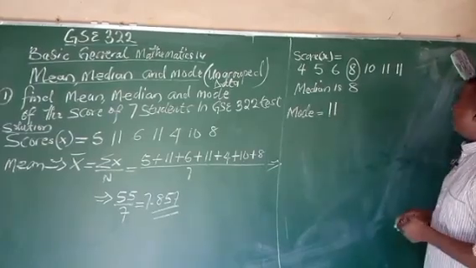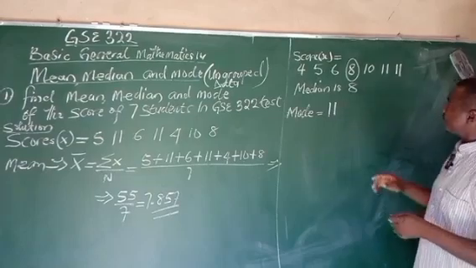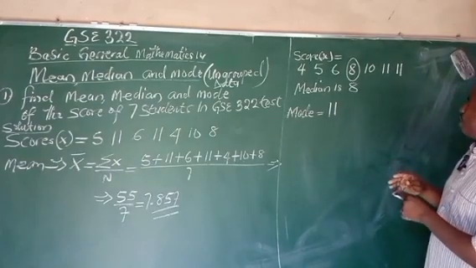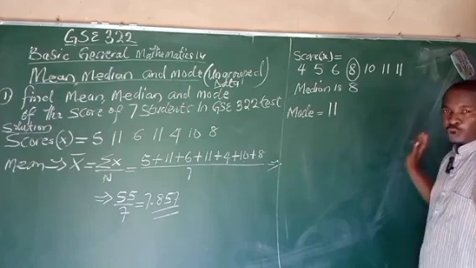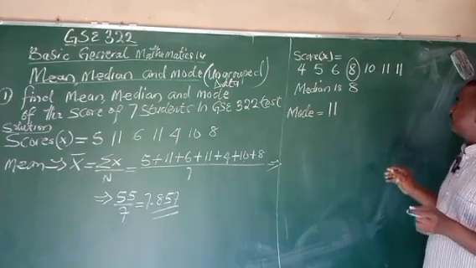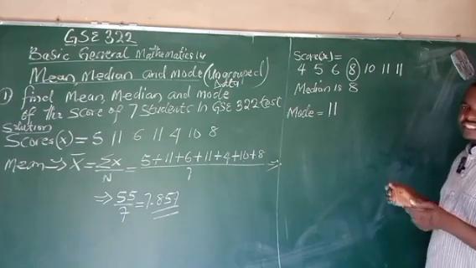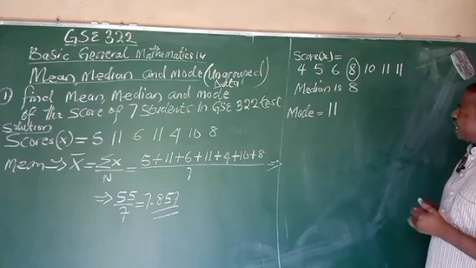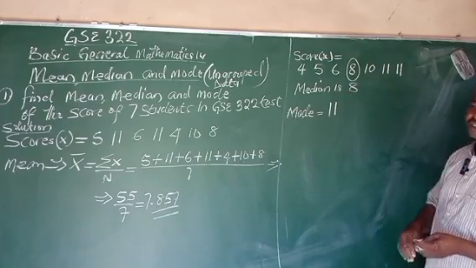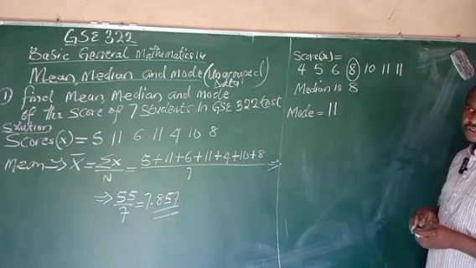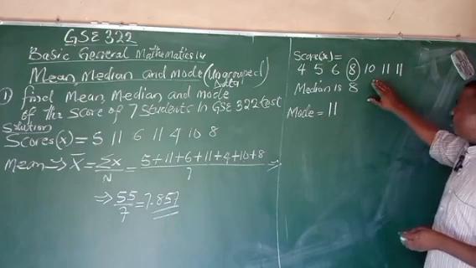As I told you earlier, we may have data that doesn't have a mode, data where no value or no item repeats itself. Likewise, we may have data with two modes, or data with one mode.